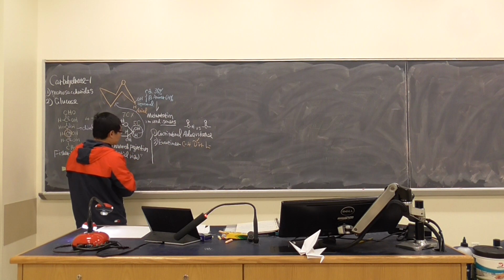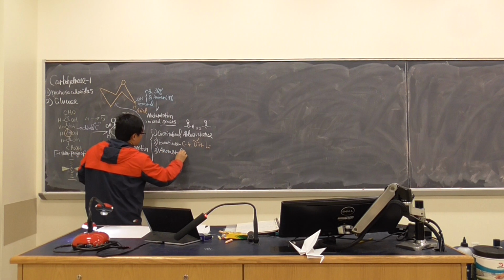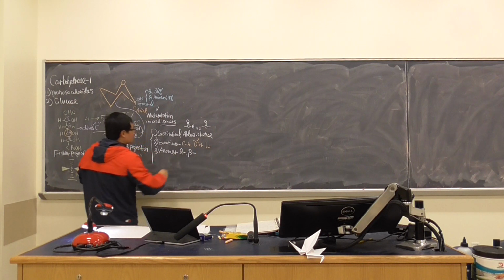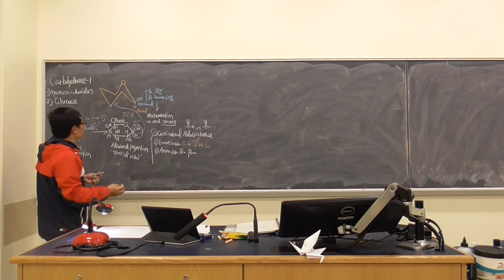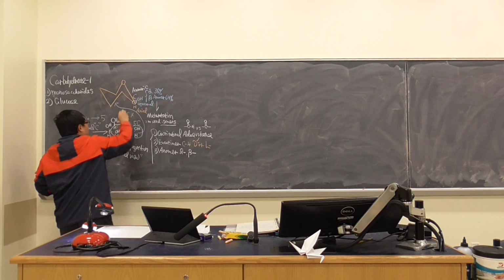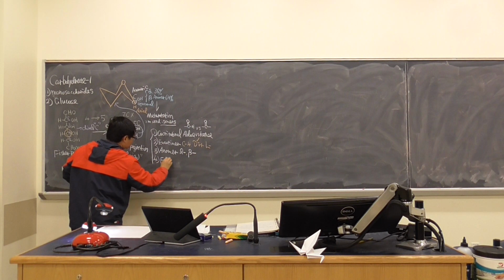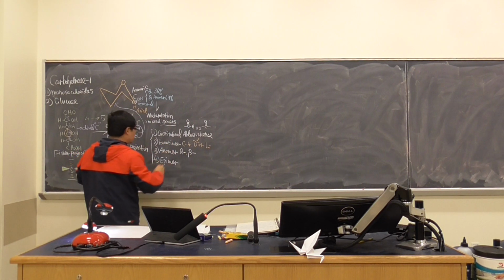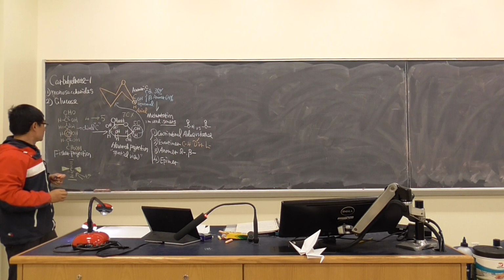Then we talked about the others, including the anomer. For the anomer, we talked about alpha and beta configuration. That carbon we also call the anomeric carbon. And the last one we talked about is the epimer. Epimer means their structures are mostly the same, with only one thing different.